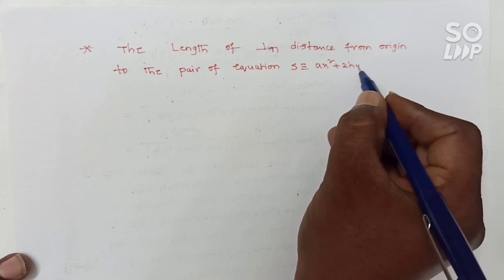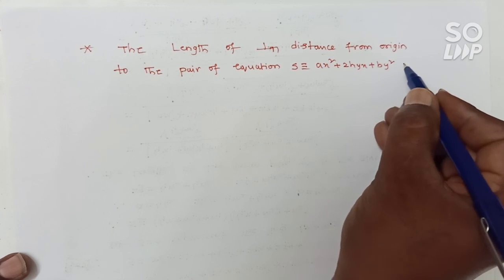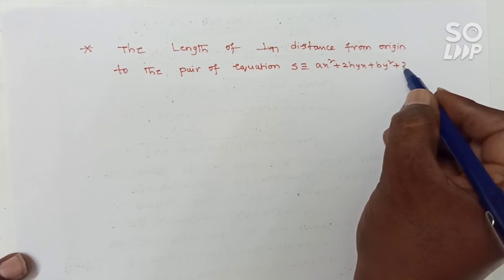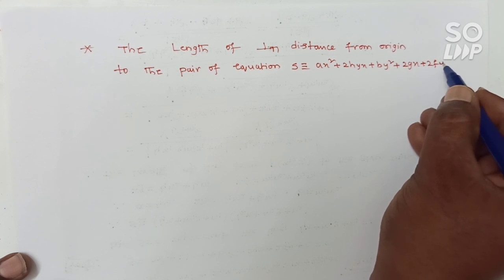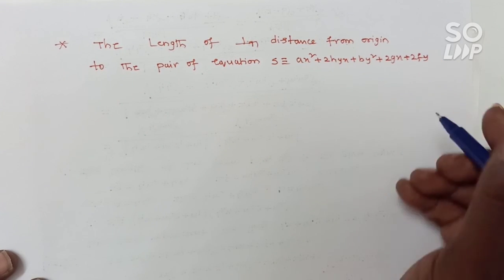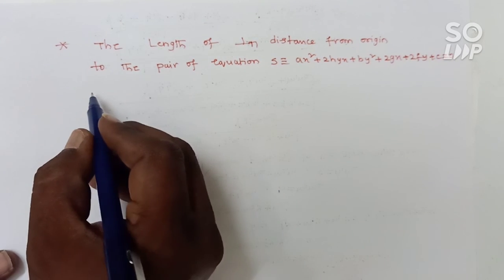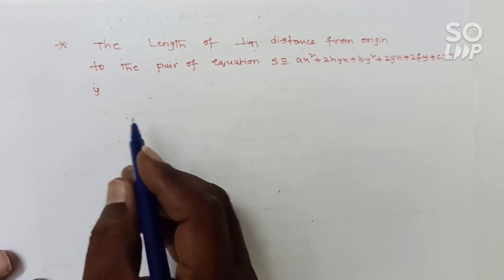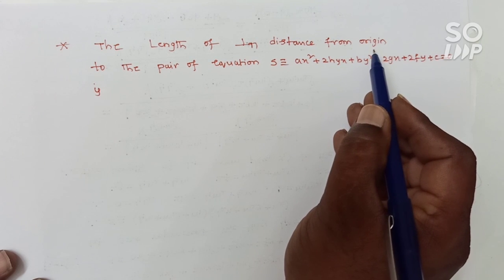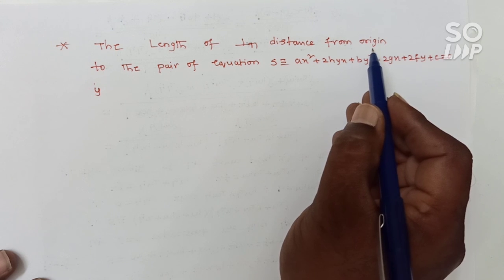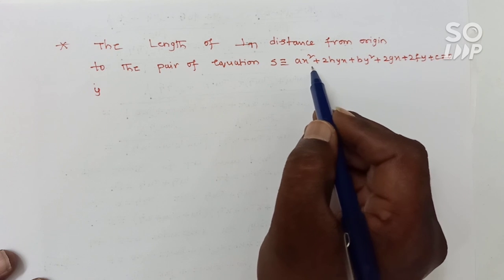+ 2hxy + by square + 2gx + 2fy + c = 0. Here the perpendicular distance from origin means origin is (0, 0), that means x1 = 0 and y1 = 0.